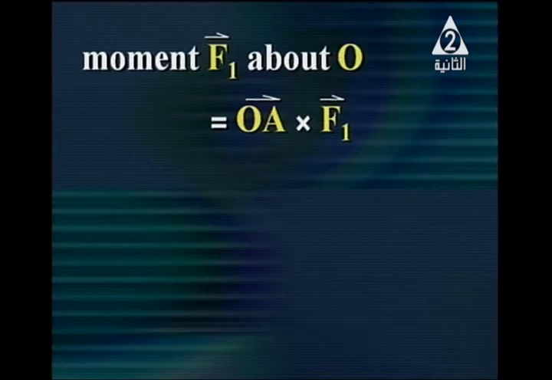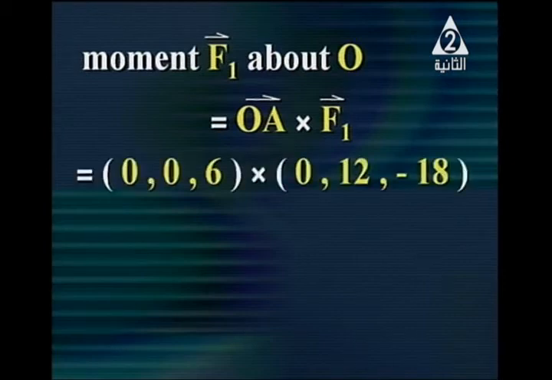Moment of F1 about O equals the OA vector, or R vector, cross the F1 vector. What is the OA vector? 0, 0, 6 cross the F1 vector 0, 12, negative 18.